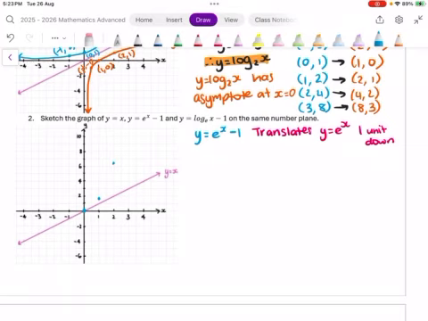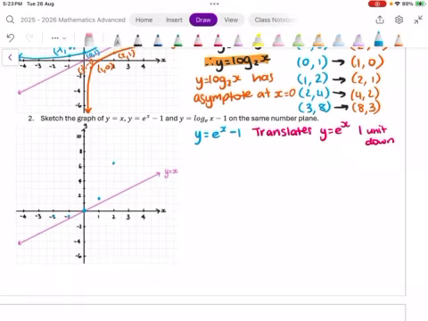Now I'm going to see what happens on the left-hand side of my y-axis, so I'm going to substitute in a negative. If I substitute in -1, I get -0.6 to one decimal place. And if I substitute in -2, I get -0.8.